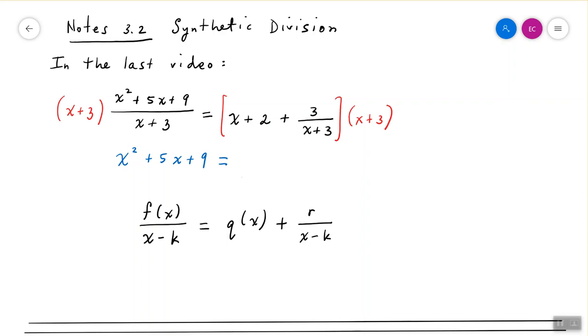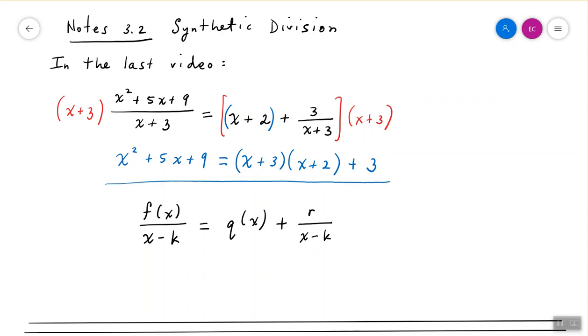On the right side, we keep the x plus 2, the quotient, together, and multiply it by x plus 3. So I can write x plus 3 times x plus 2. And then I multiply x plus 3 times 3 over x plus 3, and of course the x plus 3's cancel, and I'm just left with 3.